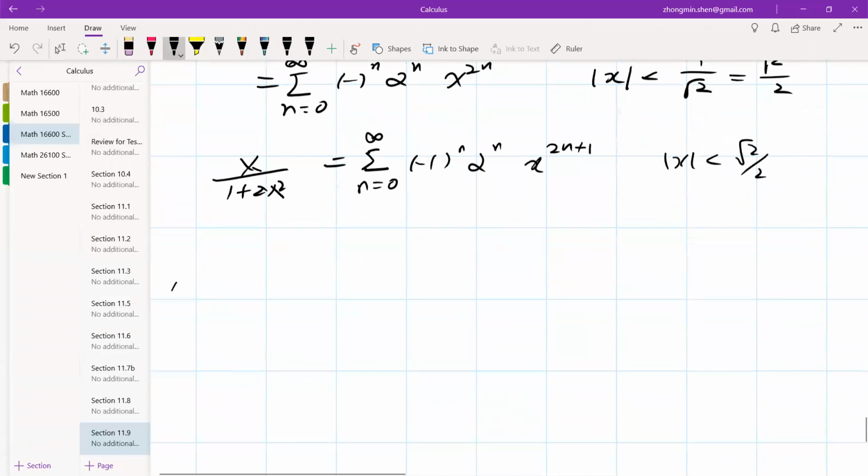For practice, let's do problem number 15. Natural log of 3 minus x.